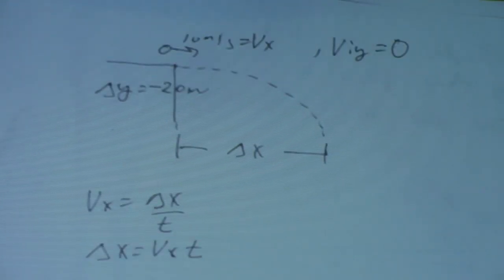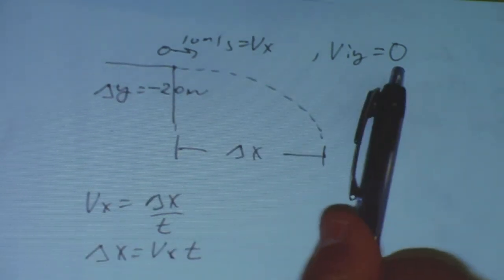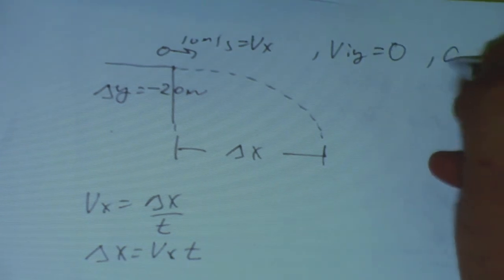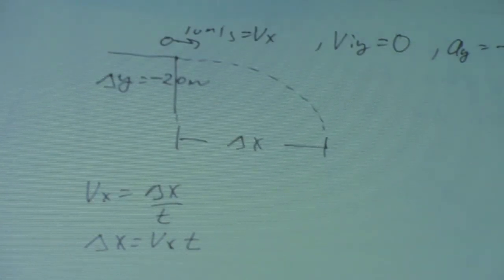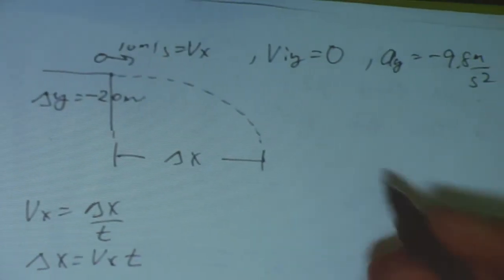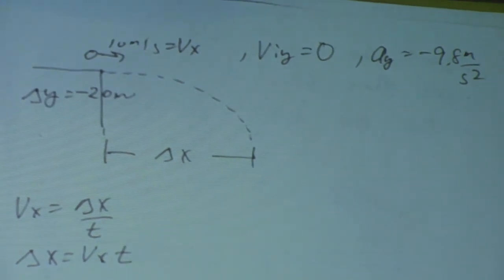Luckily, we can get the time from the y direction. We know the y displacement and the initial velocity in the y. Don't forget, you always know the y acceleration, negative 9.8. So we can put that all together to figure out the time. We've got a couple of kinematics equations that have time. One of them has final velocity and initial velocity.